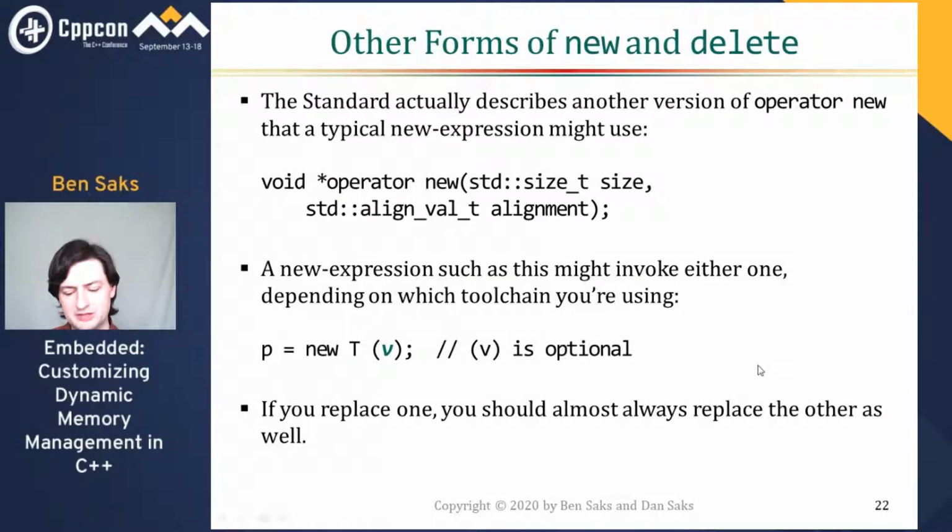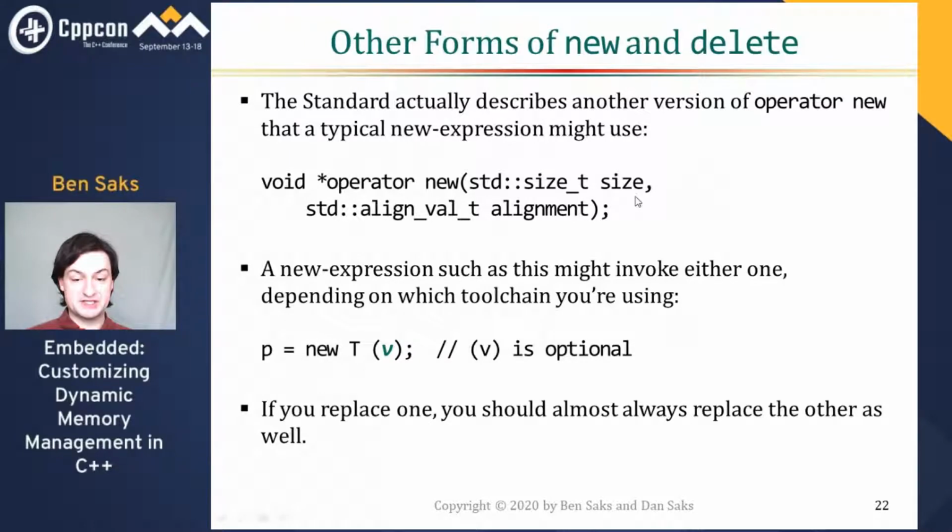Shouldn't the argument to new go before T? Okay, so what you're seeing here is not an argument to new exactly. This V here, the argument is being passed to the constructor for the T object. So that's a constructor argument, not an argument to operator new.